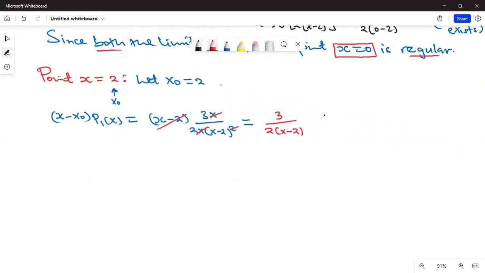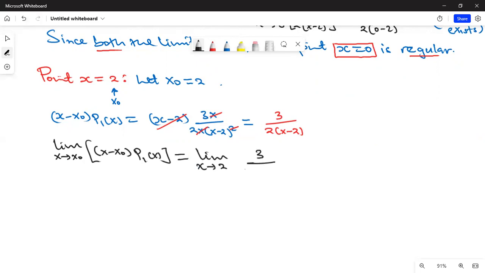So we can now write the limit as x approaches x naught of x minus x naught times p1 of x is the same as the limit as x approaches 2, our x naught is 2, of what we got after simplifying: 3 over 2 into x minus 2.